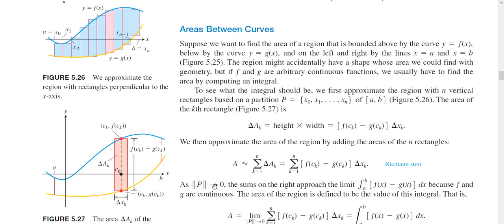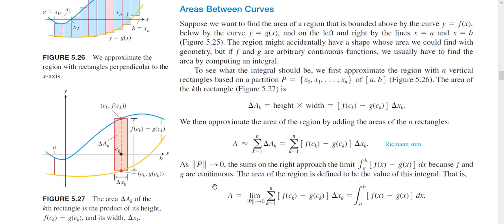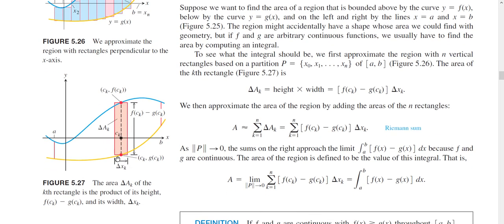So if we use a Riemann sum to find this area, this is the small rectangular portion of the area, and this area can be evaluated by the formula height multiplied by width. Now height in this case will be, if this is the point of reference c_k, f of c_k minus g of c_k, right?